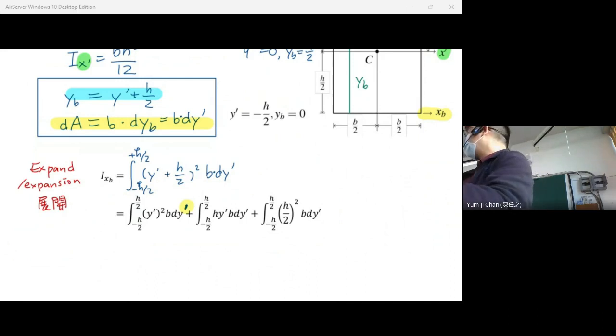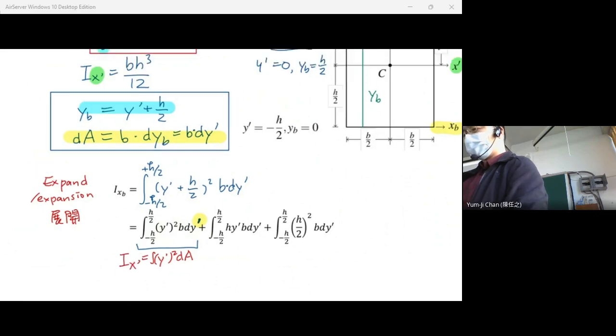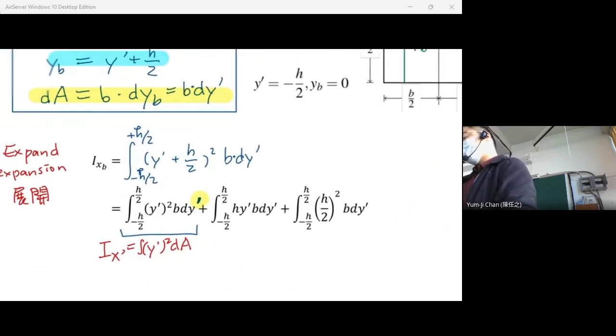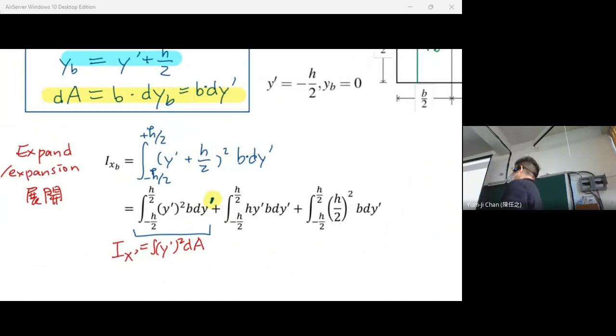So let's look at them. What's the first term? This is dA and this is y prime squared dA, which is equal to Ix prime. The first term is equal to Ix prime.